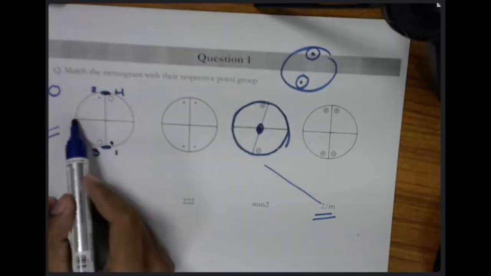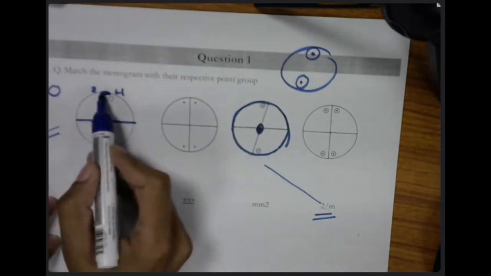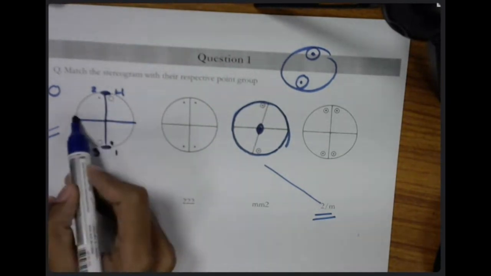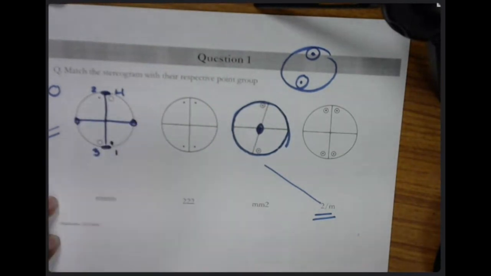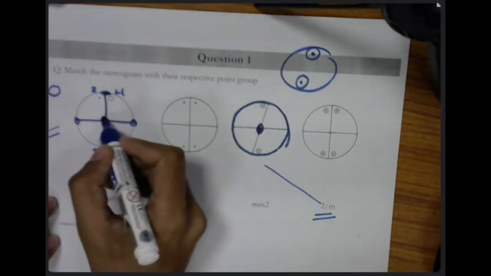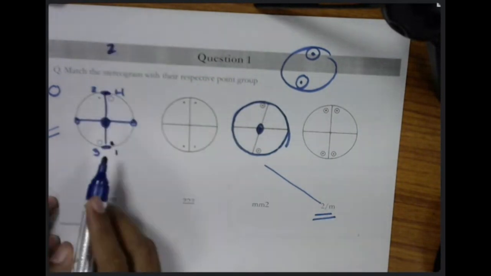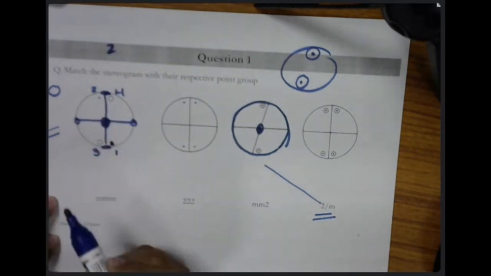Along with that, we can also see that there is another twofold, an additional twofold. There was a twofold which was converting point number 1 to 2, which was along this, and perpendicular to that twofold there is one more twofold.